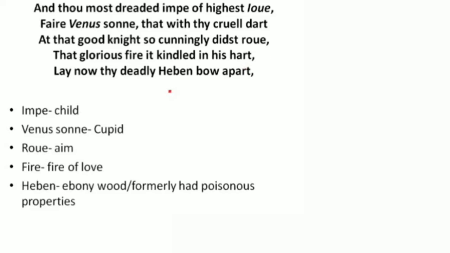Heben is the ebony wood which is used for making arrows. He says that with that arrow you very cleverly, very cunningly aimed at that good, kind-hearted knight, and he was a victim of it. This glorious fire started in his heart, and that was the fire of love.